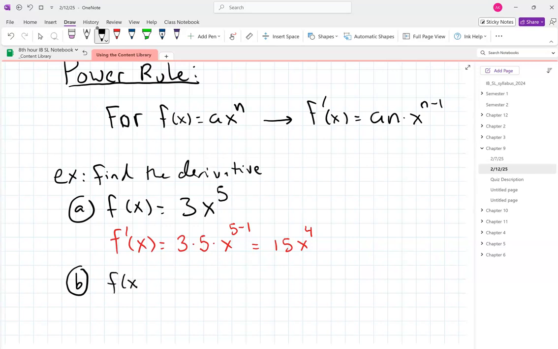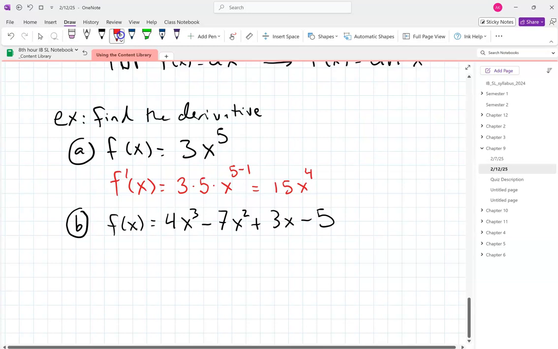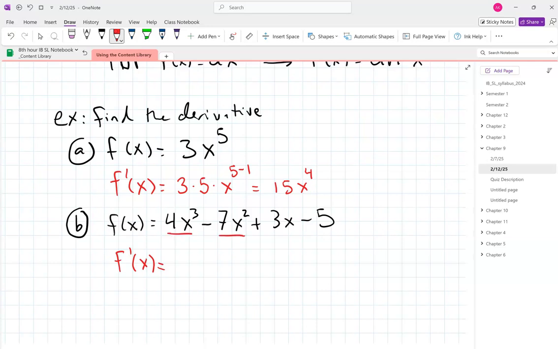So what if we have instead this as our function? How can I do the derivative? You can just do it one piece at a time.